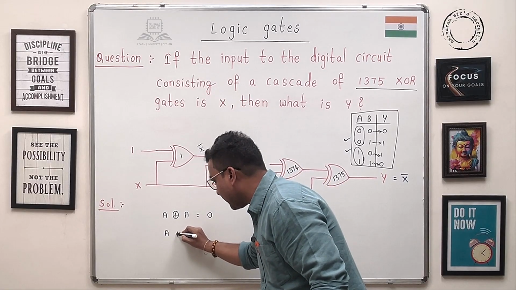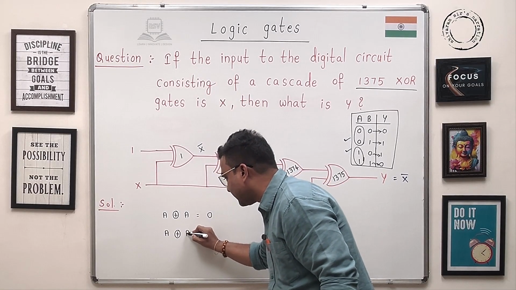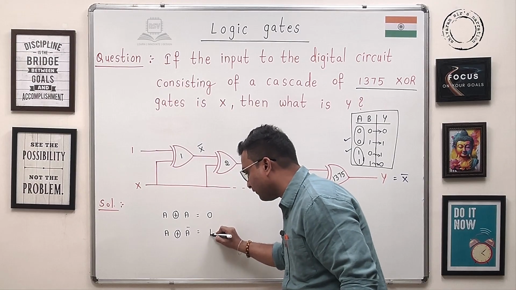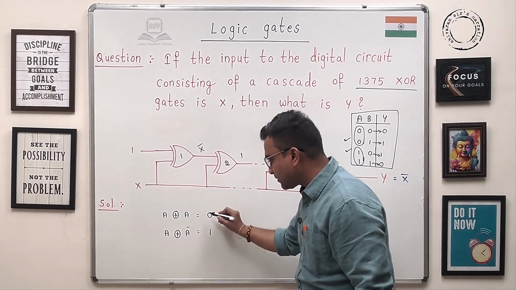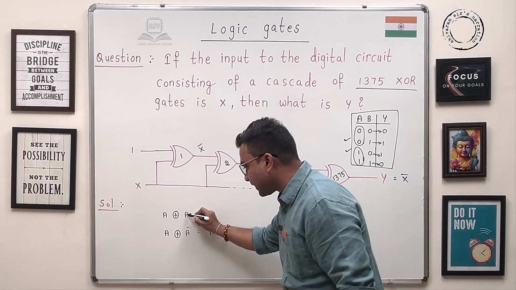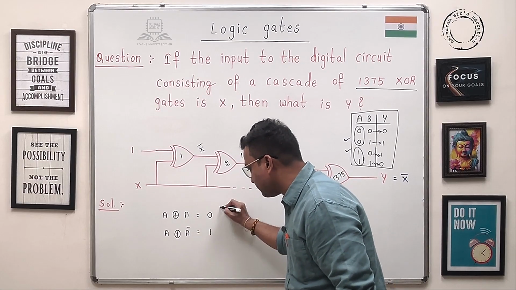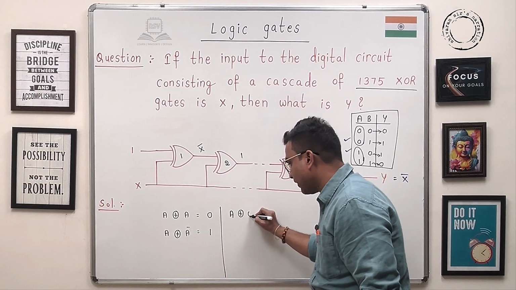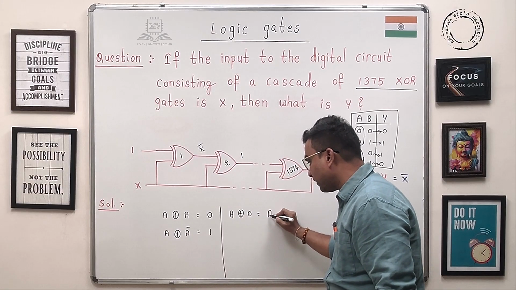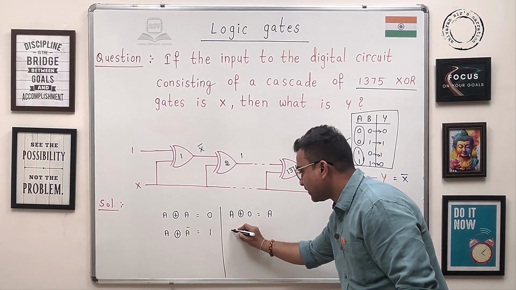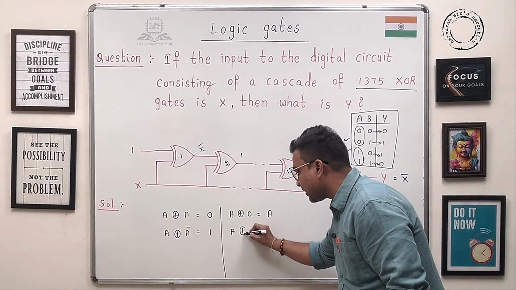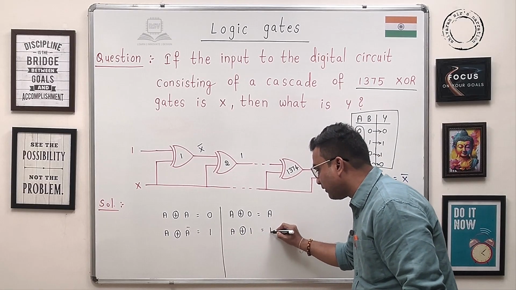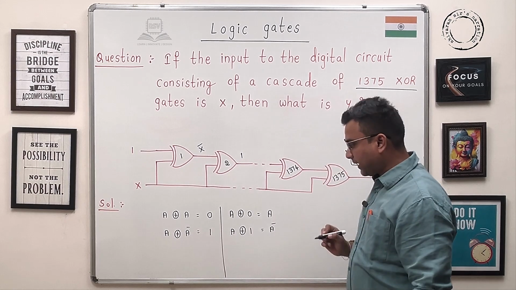Similarly, A XOR A bar, we already studied, that is 1. The same thing, guys, you can take the 0 here. A XOR 0 acts like a buffer if one of the inputs is logic 0. Similarly, A XOR 1 acts like an inverter, a NOT gate, A bar.